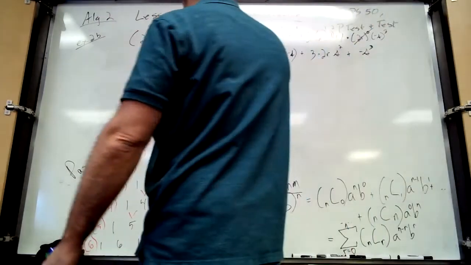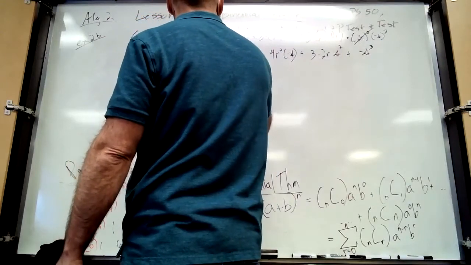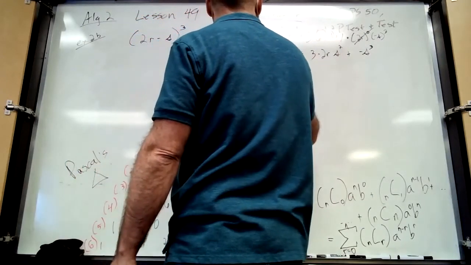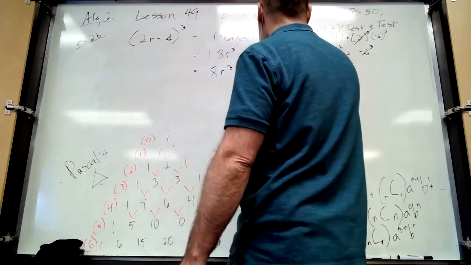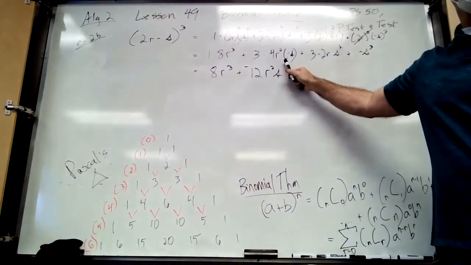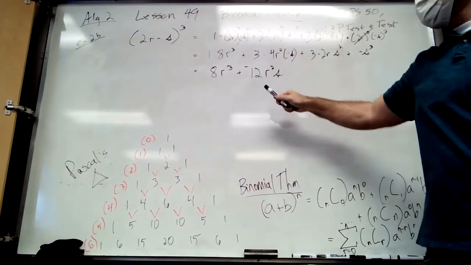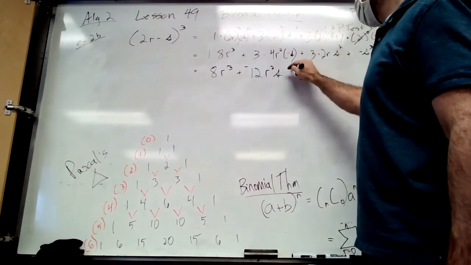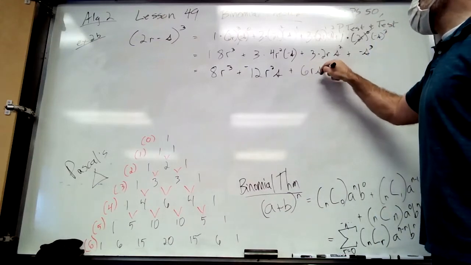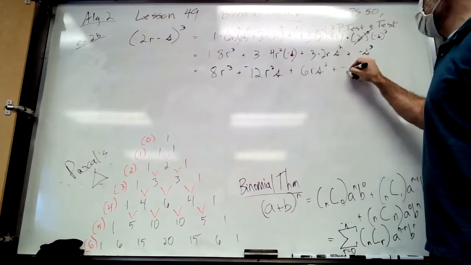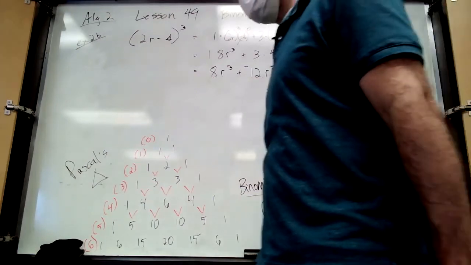So let's see here. Let's simplify this. 8r cubed plus 12 plus negative 12r squared s. See where I got the negative? That negative. That distributes to the whole thing. Yep. Plus 6r s squared plus negative s cubed, or minus s cubed.